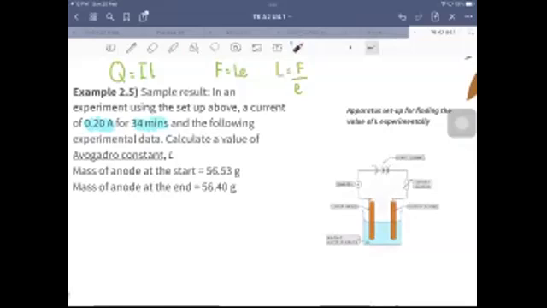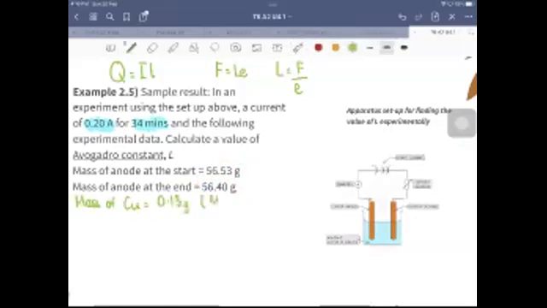Okay, since you've got the initial mass of anode to be 56.53. At the end of the reaction, the mass of anode is now 56.4. So you can see that there is a decrease. So mass of copper is equal to the mass loss, 56.53 minus 56.40, 0.13 grams.